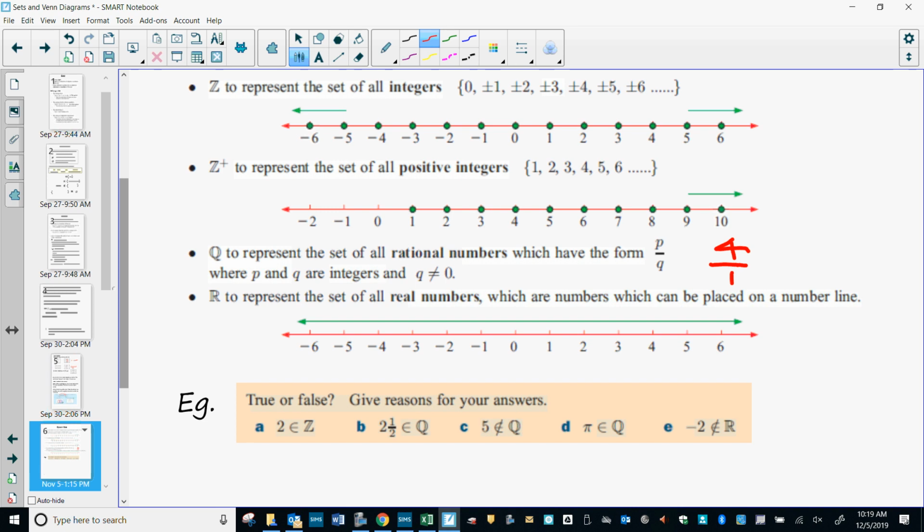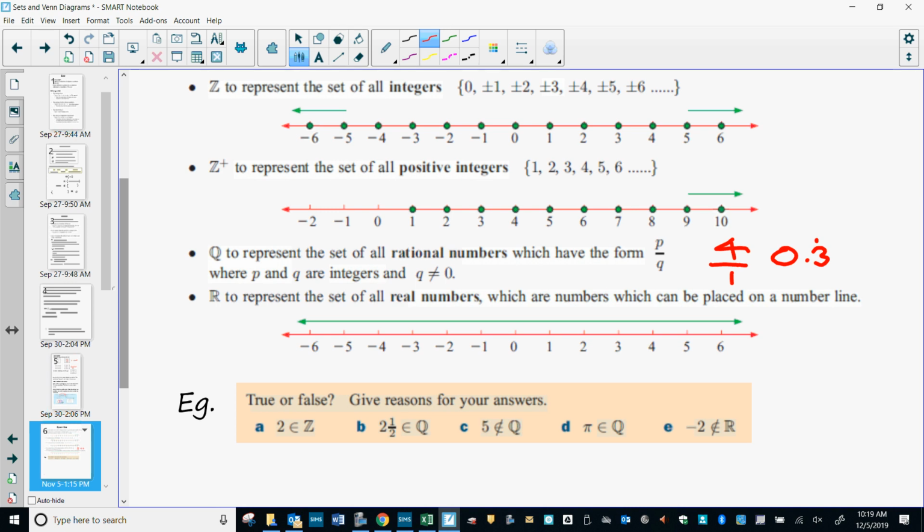Even 0.3 recurring could be considered a rational number because, remember, have we been through that? How we change a recurring decimal into a fraction? No, we haven't done that? 100% sure? Okay, we're going to do that.